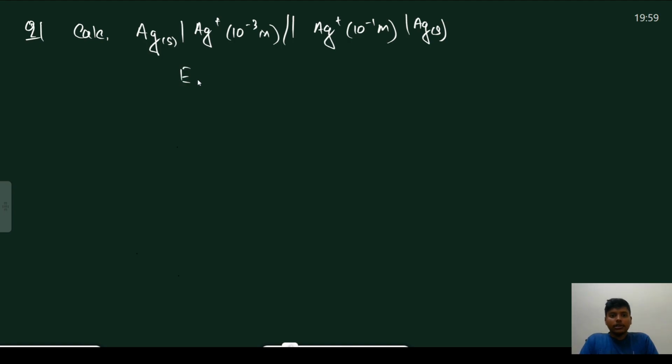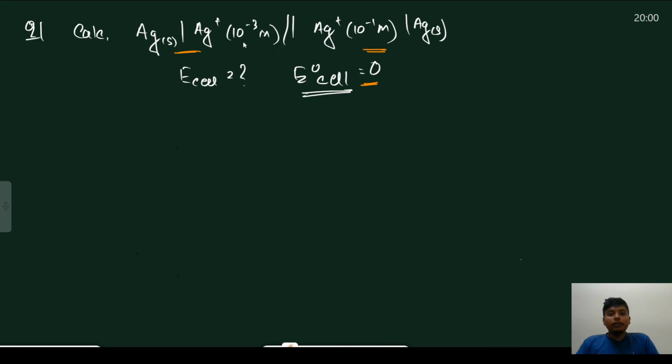E cell value you have to find out, and E naught cell value is given 0. Why 0? Tell, why 0? Because it is standard. Because the cathode E naught and the anode E naught values are the same. Yes or no? So E naught cell value is 0.